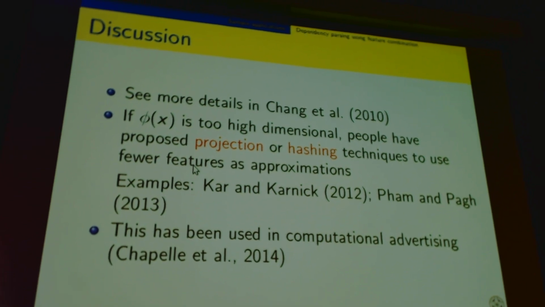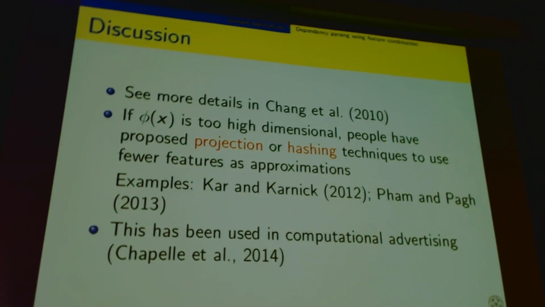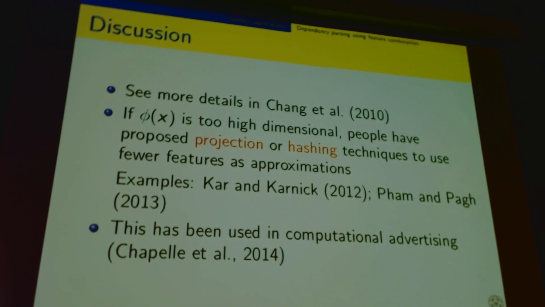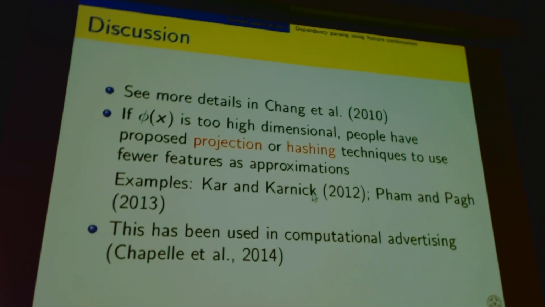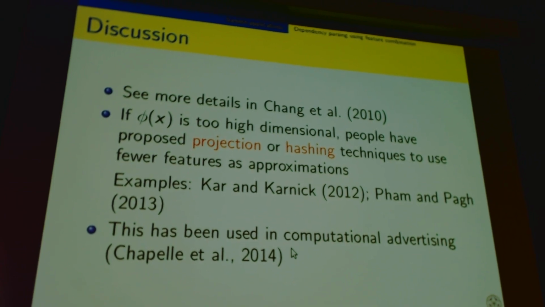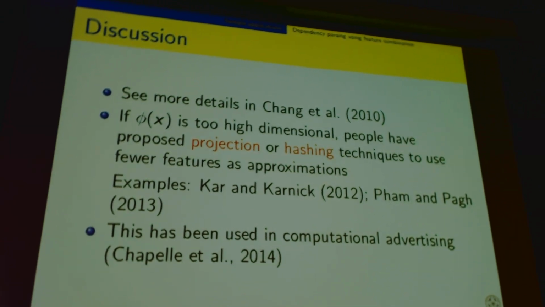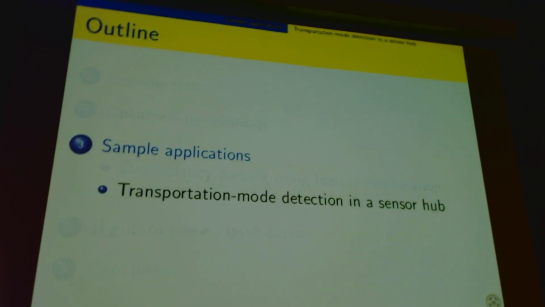It's like you map data to a higher dimensional space, and it's so sparse, you just do hashing techniques to map the data to several bins. That's the idea. There are some related works here. And in real applications, this is used in computational advertising. For many CTR, click-through rate prediction applications, they do use such techniques.